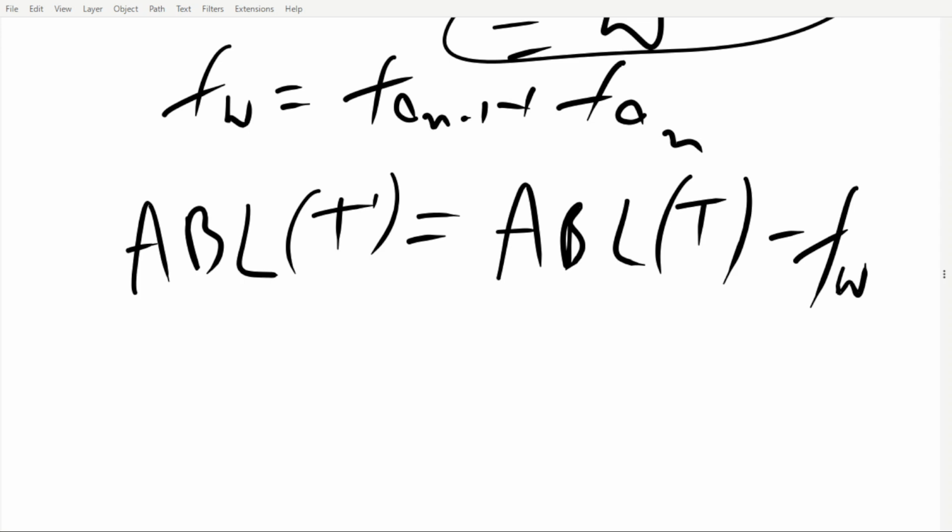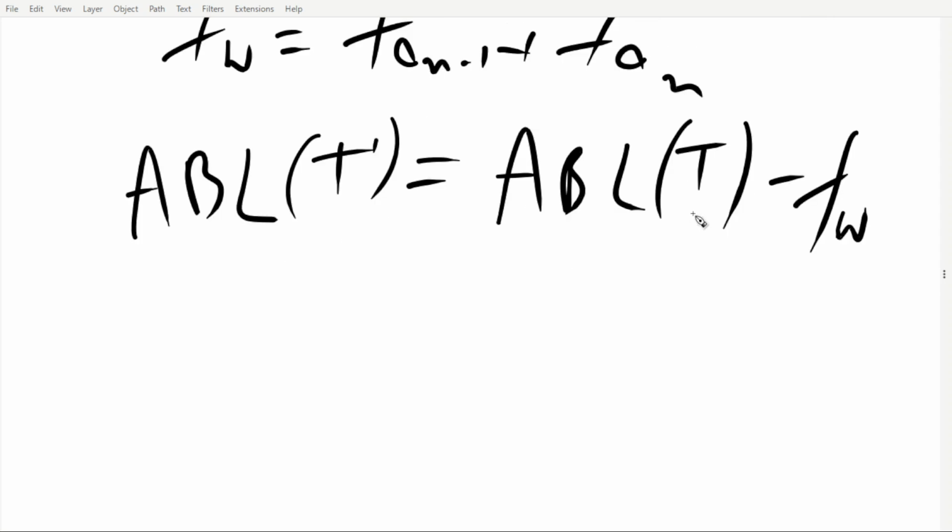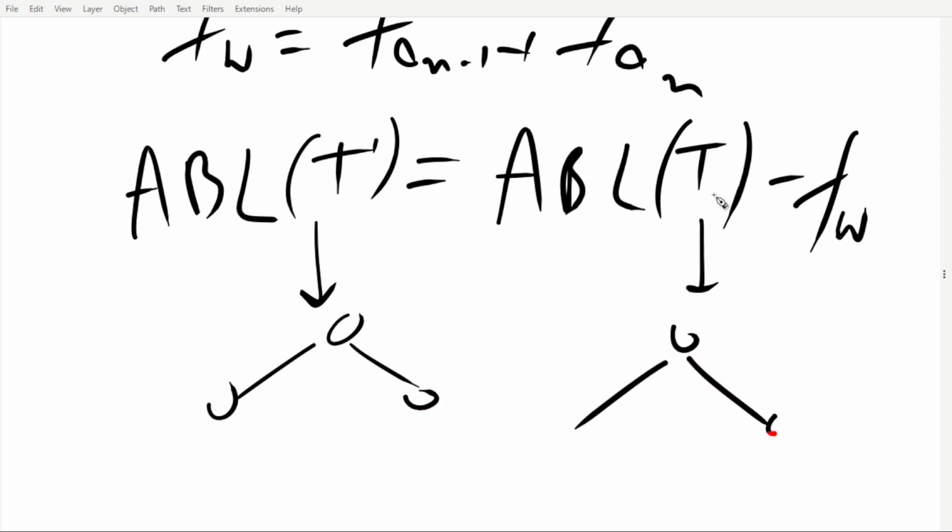In structure, T and T prime are identical. The only difference is how we interpret the nodes. Just giving an example, T prime looks something like this. T also has exactly the same structure, but how we interpret it is different.